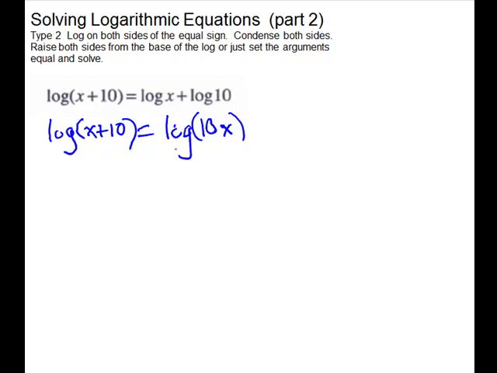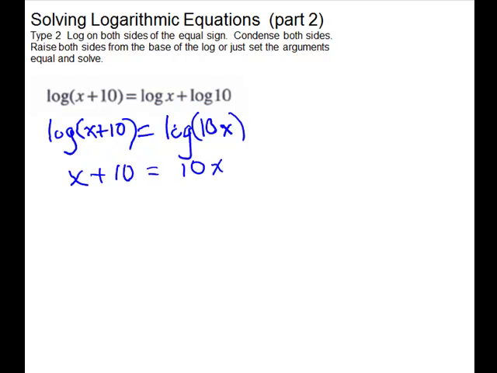And these are both base 10. So we can actually just go ahead and drop the log rather than raising from 10 to the power and then dropping. And it will set the arguments equal to each other.